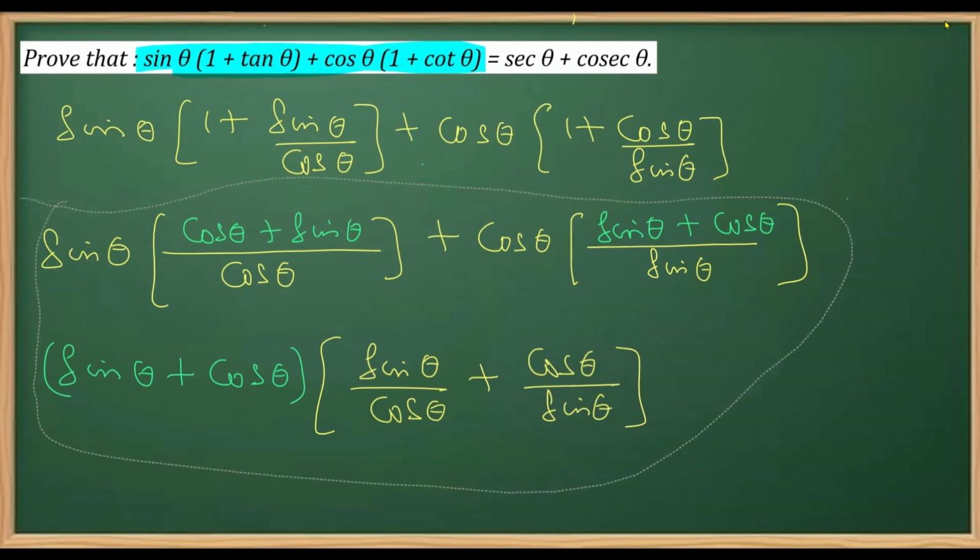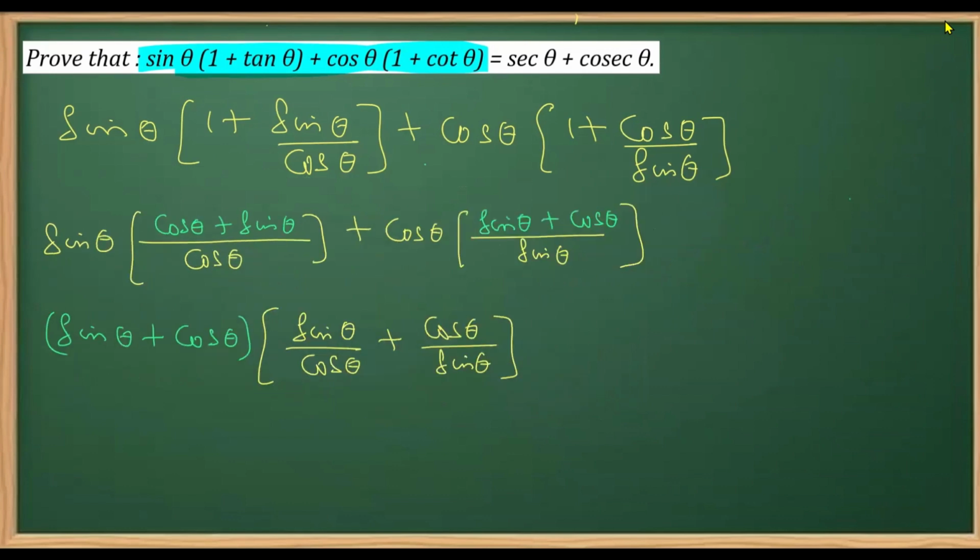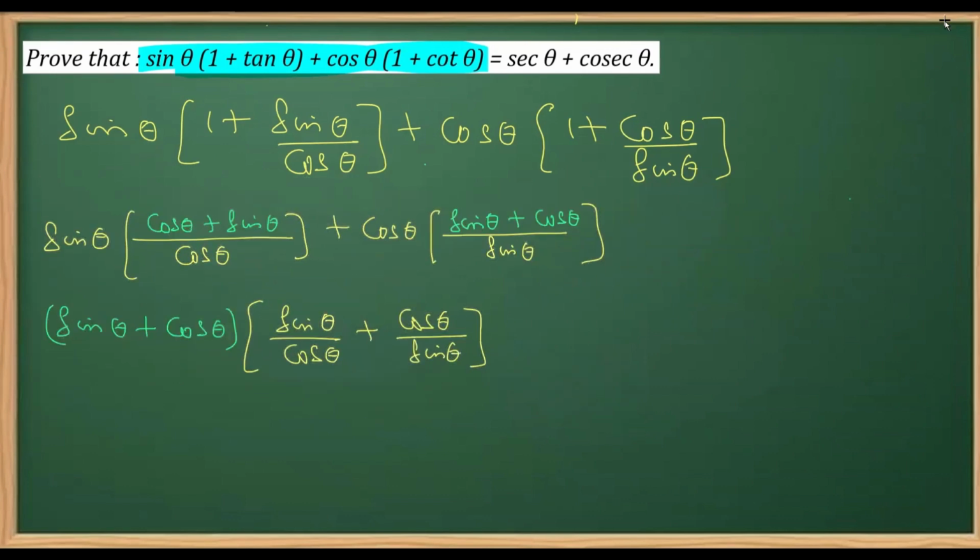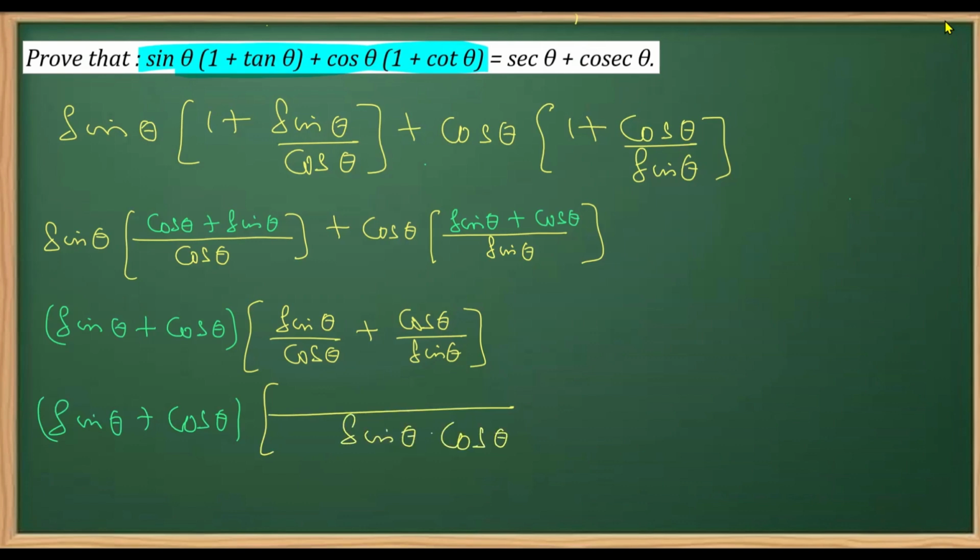And then we will be taking LCM over here. So this is sine theta plus cos theta, and if I take LCM inside this, the LCM is clearly sine theta into cos theta. Sine multiplied by sine is sine square theta, and cos multiplied by cos is cos square theta.